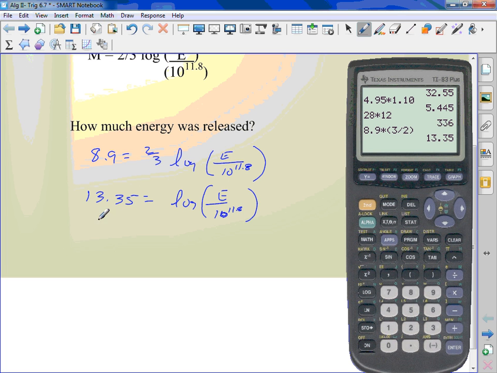So if I take 10 to the power on both sides, I have 10 to the 13.35 equals 10 to the log of E over 10 to the 11.8. What happens when I take a 10 to the and a log? Those cancel out. So I have 10 to the 13.35 equals E over 10 to the 11.8.